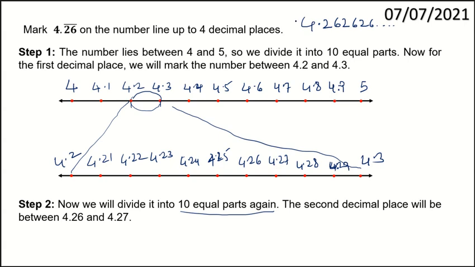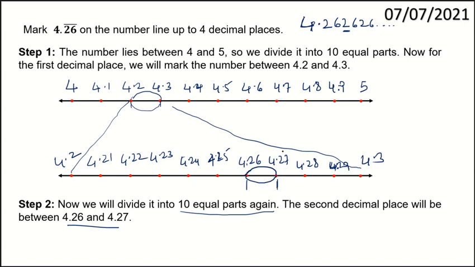That means I have to now take the third decimal place. For the third decimal place, it lies between 4.26 and 4.27. That is what I have to zoom, or I have to magnify, that is the 4.26 and 4.27 portion to be magnified.